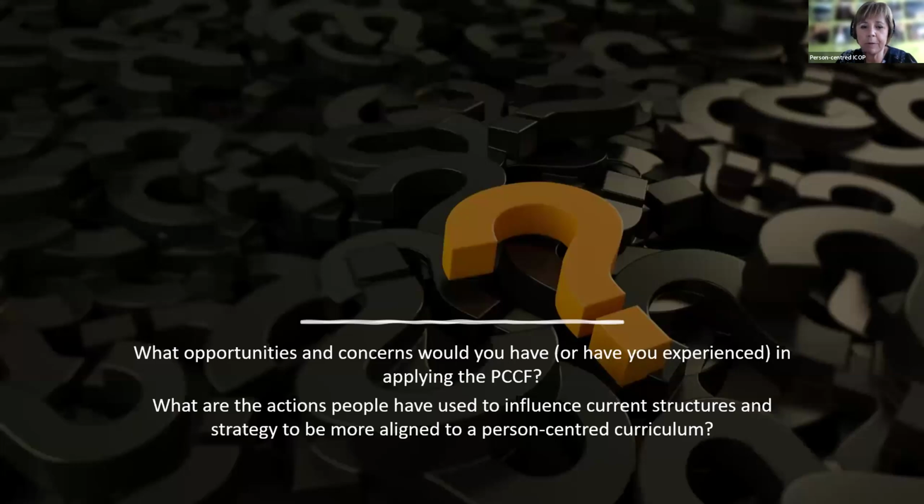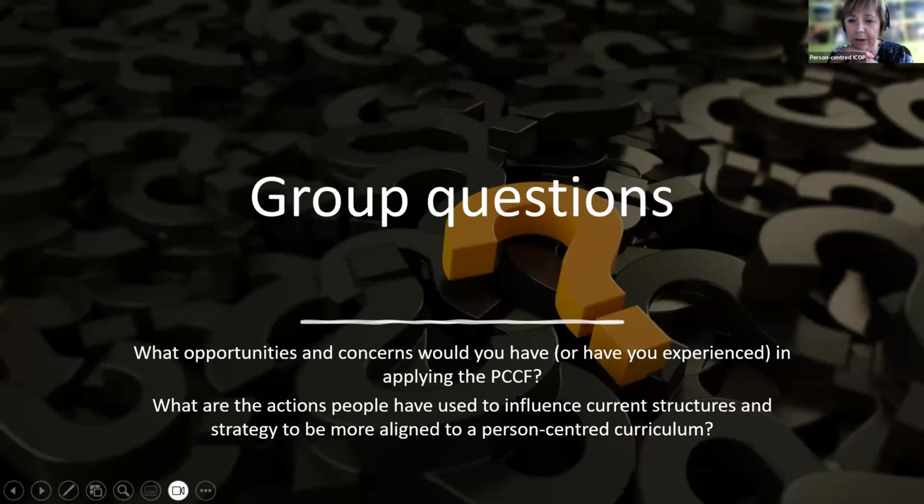So, what opportunities and concerns would you have, or have you experienced in applying the person-centered curriculum framework? And what are the actions people have used to influence current structures and strategy to be more aligned to a person-centered curriculum? And that second question is really the key question that Lorraine's been grappling with, and would really love to hear what your thoughts are.